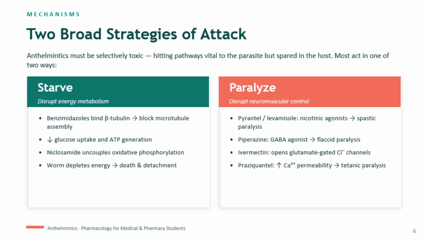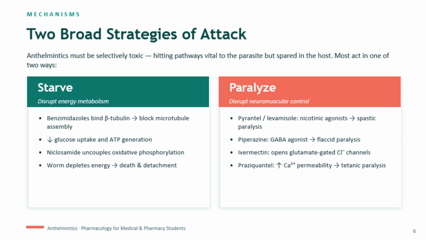And broadly, there are two strategies. The first is to starve the worm by disrupting its energy metabolism. Benzimidazoles bind beta-tubulin and block microtubule assembly, and niclosamide uncouples oxidative phosphorylation, so the parasite simply runs out of energy.